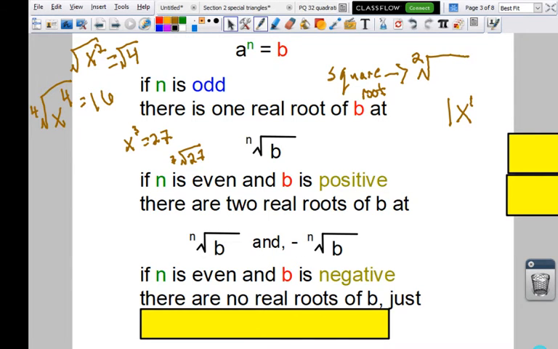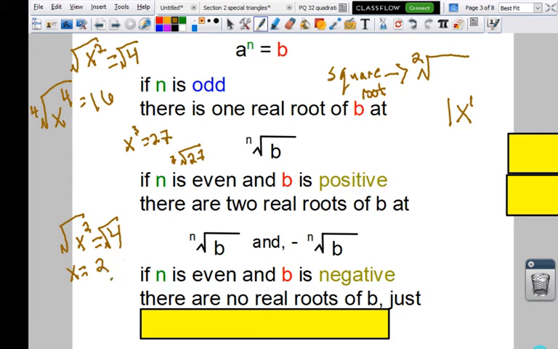And this is where it's a little weird. Alright, so let's say I have x squared equals 4. I'll just continue that example. If I'm going to solve this to find out what x is, I would get rid of my squared by doing a radical with index of 2, which we usually call a square root. So I square root this and I get x equals, what's the square root of 4? 2.